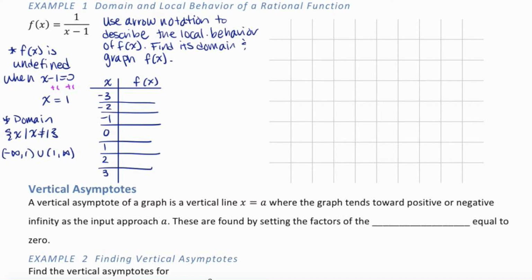Take a moment and fill in some of these values on your calculator. I think the easiest one we can start with is 0. If you notice, f of 0 equals 1 over 0 minus 1, which is negative 1. So take a moment and complete the rest of this table on some scratch paper. Please pause the video and complete the rest of this table on some scratch paper.